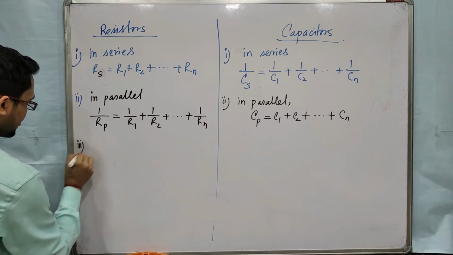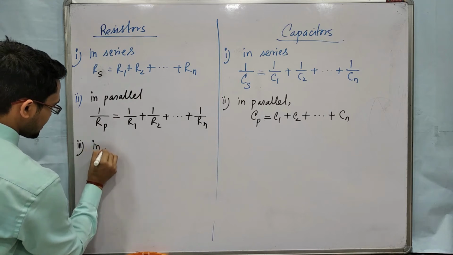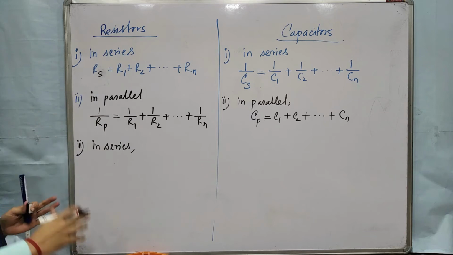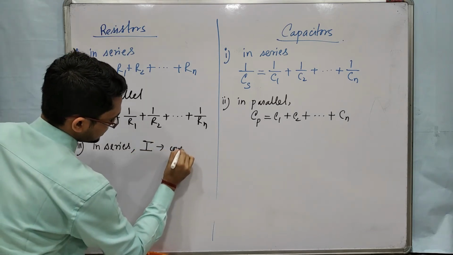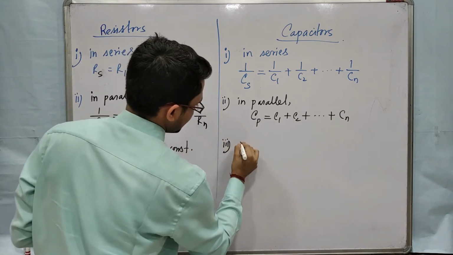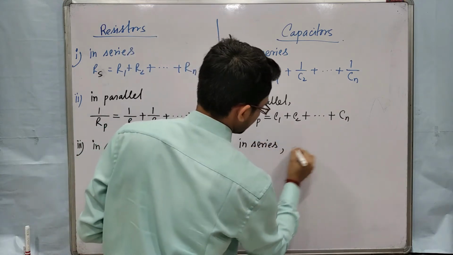Third point, what happens in series connection of resistors, which quantity remains constant? Current I remains constant. Third point, in series of capacitors, which quantity remains constant?